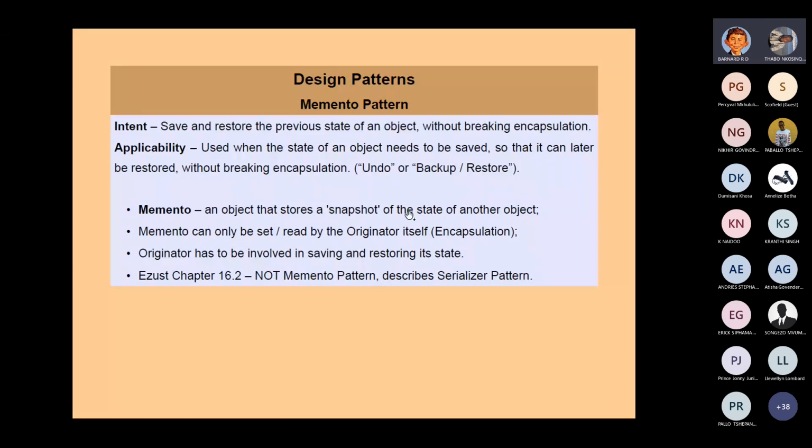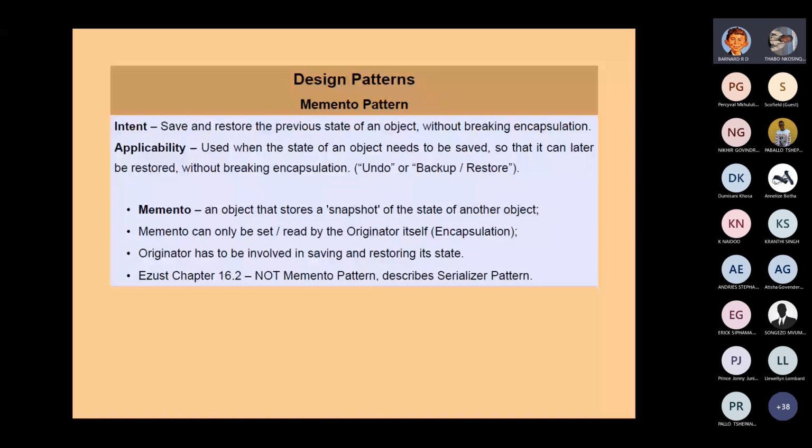So it's quite simple. A memento is simply an object that stores the state of another object. And we'll have a look at what the originator is over the next slide. But a memento can only be set or read by the originator itself.